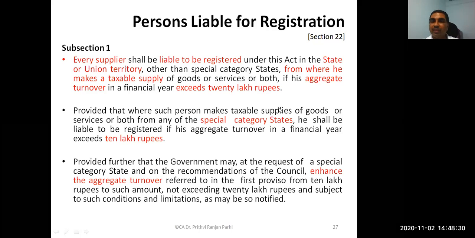The liability of registration arises when the aggregate turnover exceeds 20 lakh. And for some special category states, it is not 20 lakh. What is the limit for special category states?